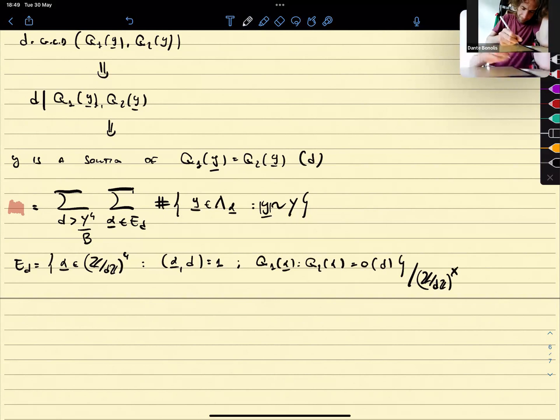And then lambda alpha is going to be a lattice.